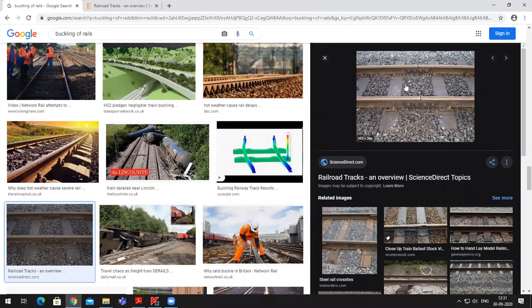Now this rail is made out of metal, and as you already know, whatever material it is made out of, every material will expand or contract with the change in the season. It might be because of the seasonal variation, or the temperature variation, or the humidity variation.